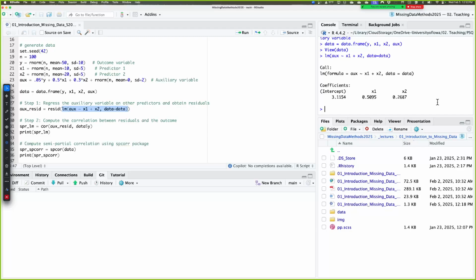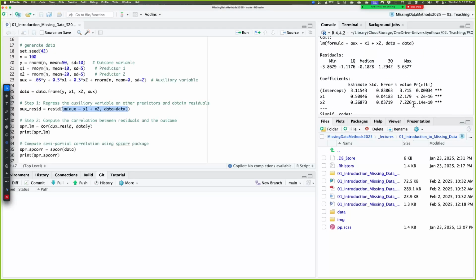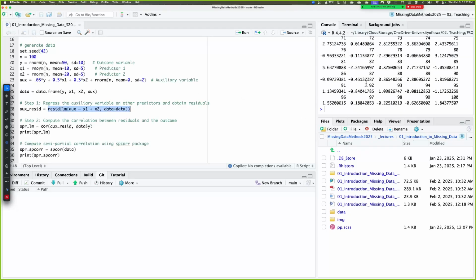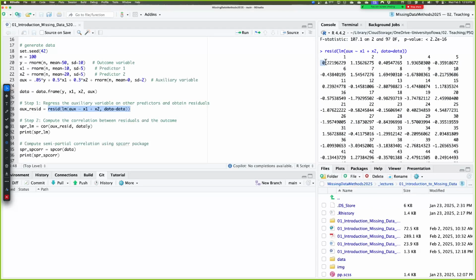If I were to do that right here, you would see this function. And if I really wanted to, I could show you this, you'd see this. There's a significant impact of x1 and x2 on the auxiliary variable. The reason I did that is because the residuals of predicting the auxiliary variable are the amount left over after we explain it with x1 and x2.